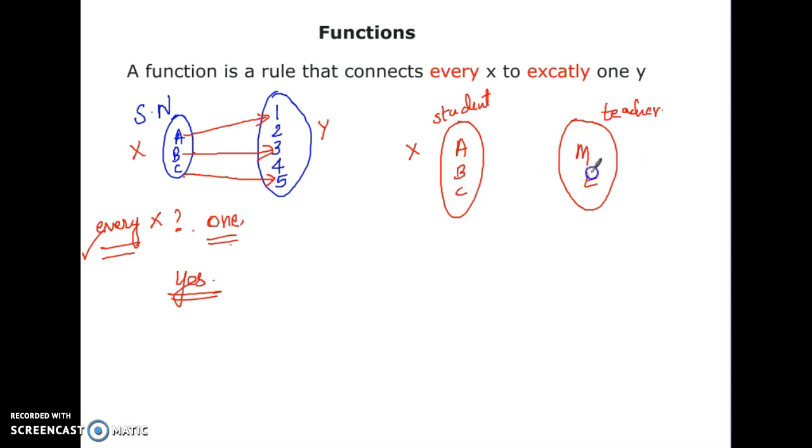There's math and English classes, let's say. A takes math and B takes English. This is an example of not a function because C does not have an image.